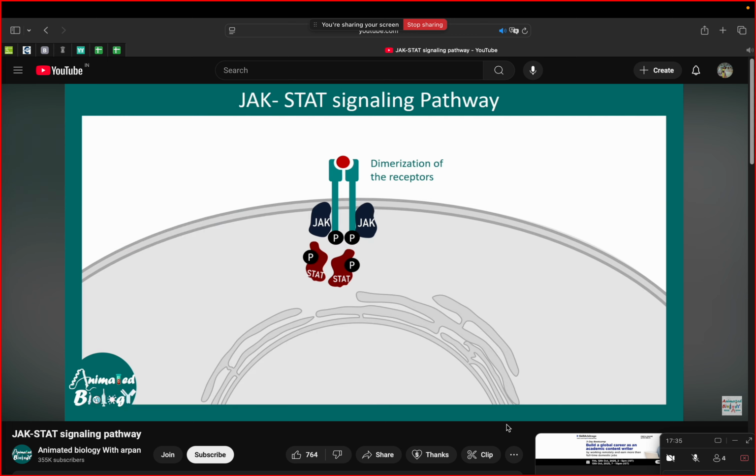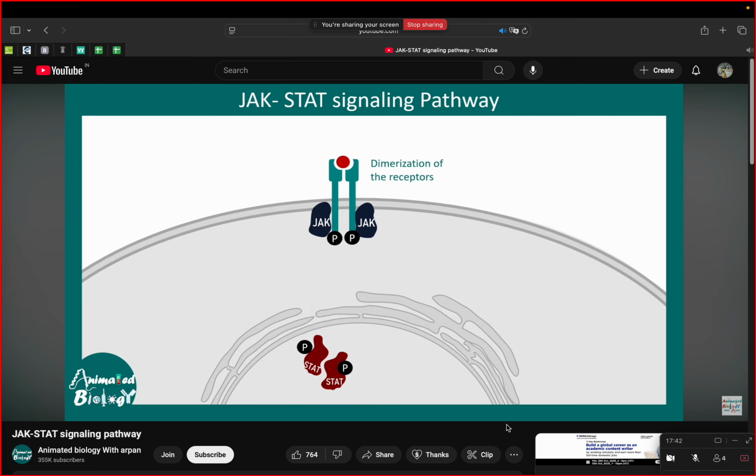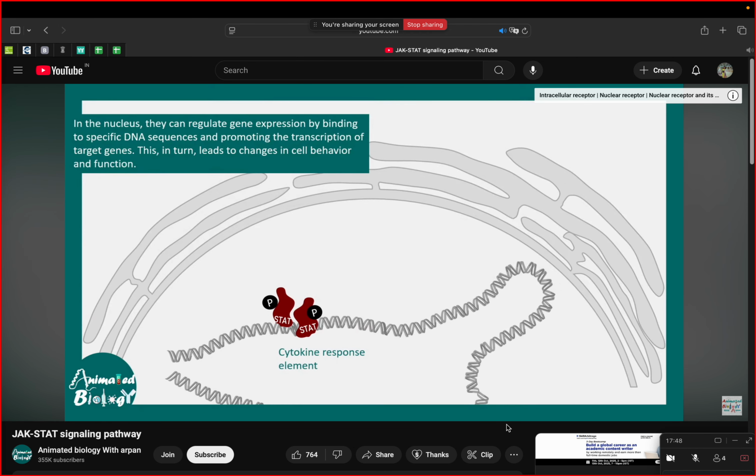Phosphorylated STAT can dimerize, either homodimerize or heterodimerize, and eventually translocate into the nucleus. There, it can bind to specific regions known as cytokine response elements. After binding to cytokine response elements, it recruits RNA polymerase and eventually leads to activation of many genes.